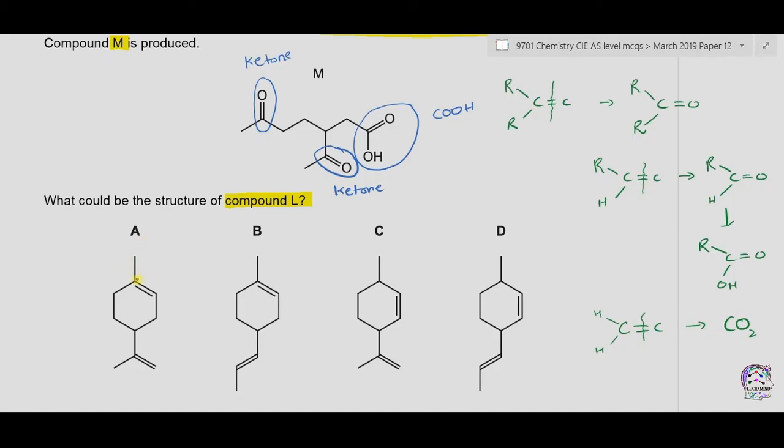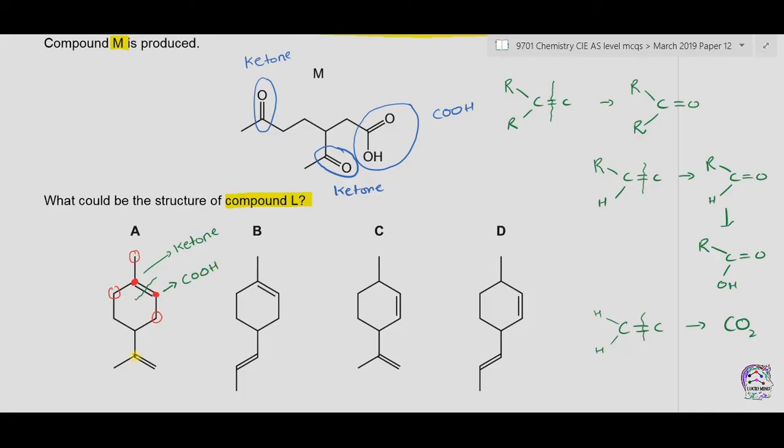Now looking at option A, we have this carbon which is making a double bond, and this carbon has 2 alkyl groups attached. So therefore this bond will break and this carbon will make a ketone. This carbon has a double bond and it has 1 alkyl group and 1 hydrogen atom attached. So this will convert into an aldehyde and then a carboxylic acid.